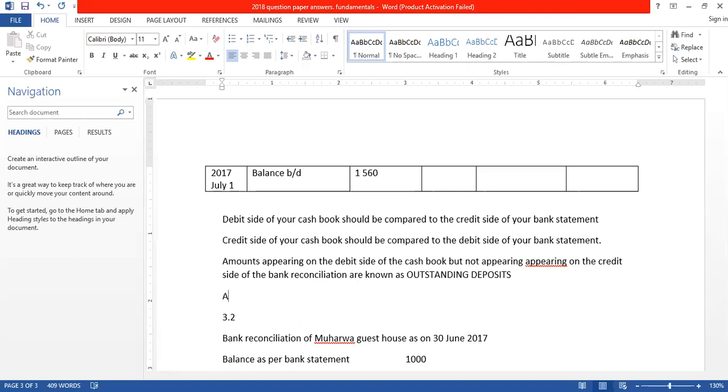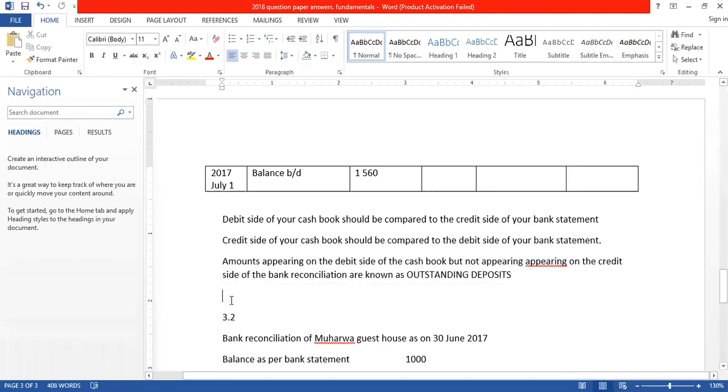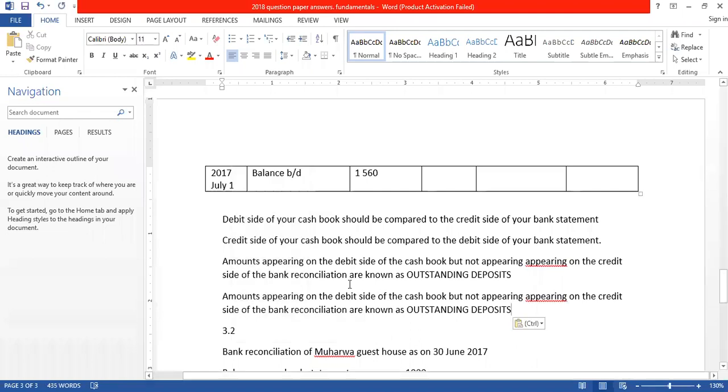And then amounts on the credit side of the cash book that are not appearing on the debit side of the bank statement, they're known as unpresented checks.